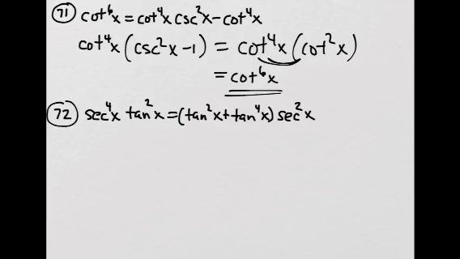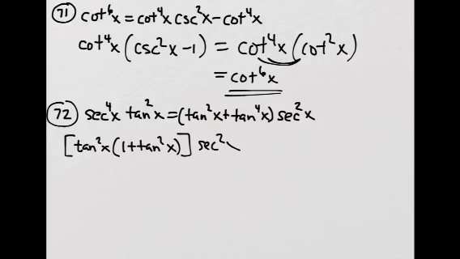Alright, so I'm going to take what's inside the parentheses and factor out the greatest common factor. So I'm looking at these two guys right here. So I'm going to factor out a tangent squared, so let me put brackets because it's still inside the parentheses, tangent squared x, and then when you do that you get 1 plus tangent squared x, which is secant squared x, and I know that this is secant squared x, so I'm going to bring this one down, tangent squared x, and then this is secant squared x, and then we have on the outside secant squared x.